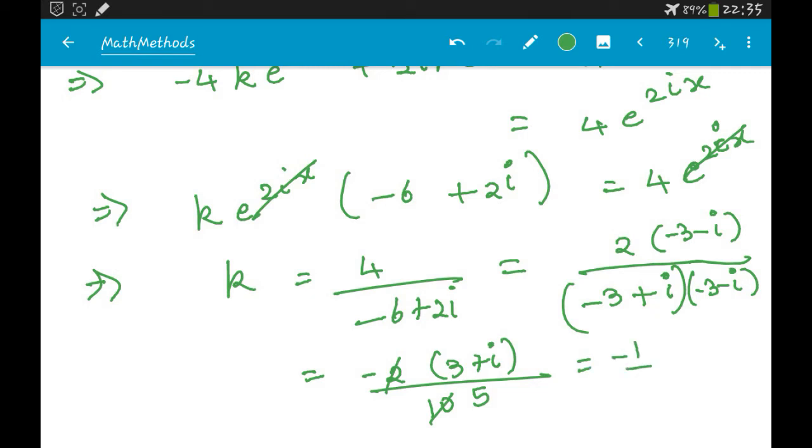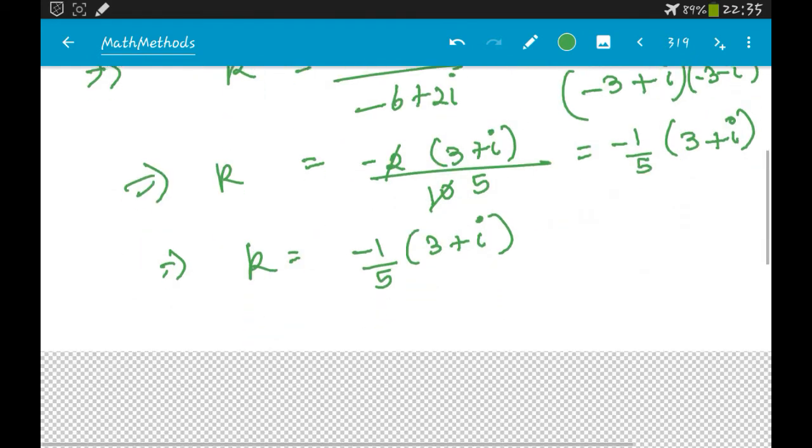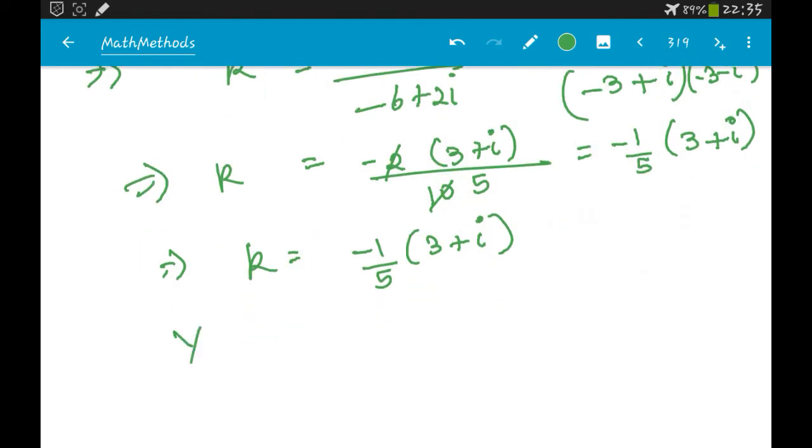So this is going to be minus 1 by 5 into 3 plus i. Okay, so this is your k. Alright, so k is minus 1 by 5 into 3 plus i. Alright, so if k is this, then we can get yp, let's write it as capital Yp. So capital Yp is nothing but minus 1 by 5, 3 plus i, e power 2ix.